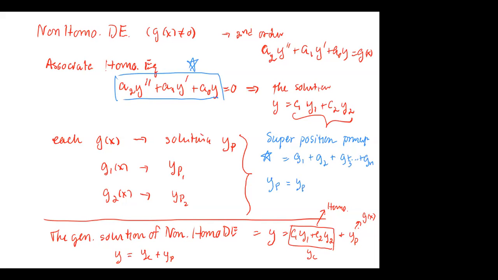Same as the previous for the homogeneous equation, you can tie them up and write them all together. But for the non-homogeneous equation, each one is individual, so you can write the solution yp of the non-homogeneous equation as yp equals the sum of each yp corresponding to each g.